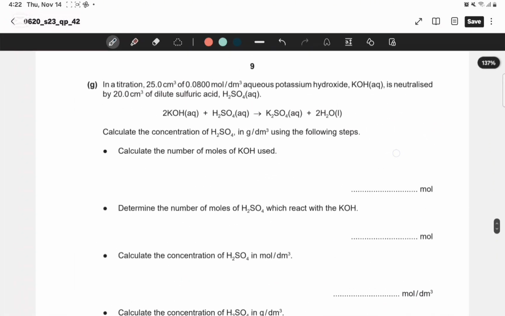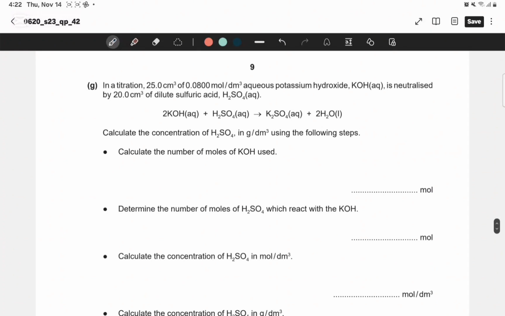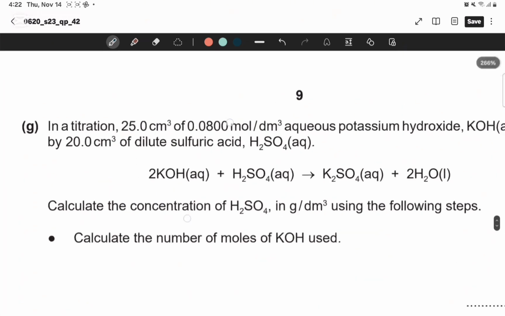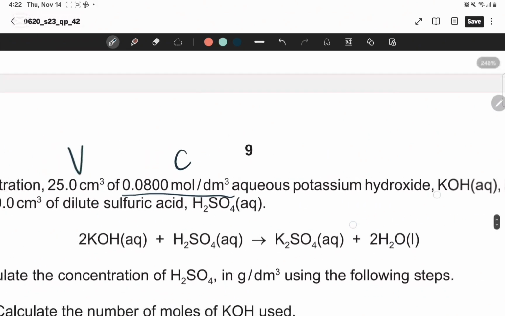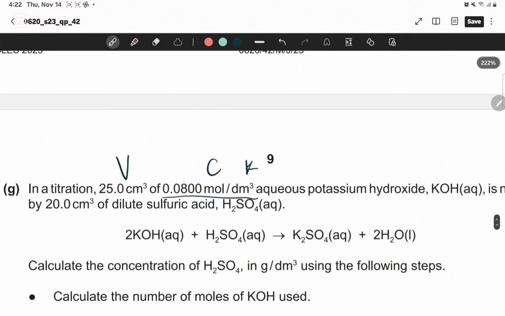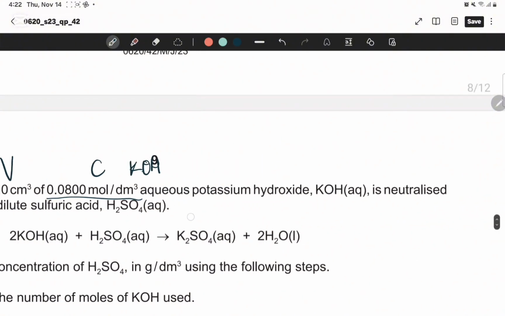Okay, and then G, in titration, 25 centimeters cubed of 0.08 moles per decimeter cubed, so this is the volume and this is the concentration of KOH, potassium hydroxide.